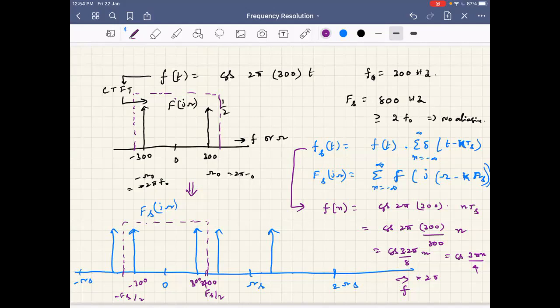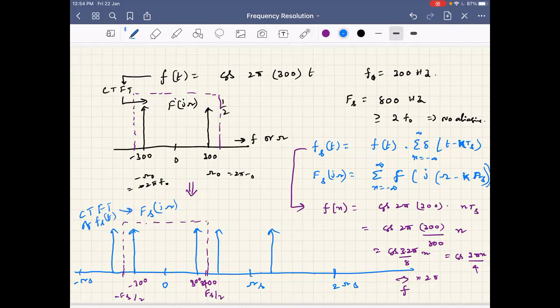For this sampled signal, whatever we have plotted here is still the continuous time Fourier transform of Fs of t.